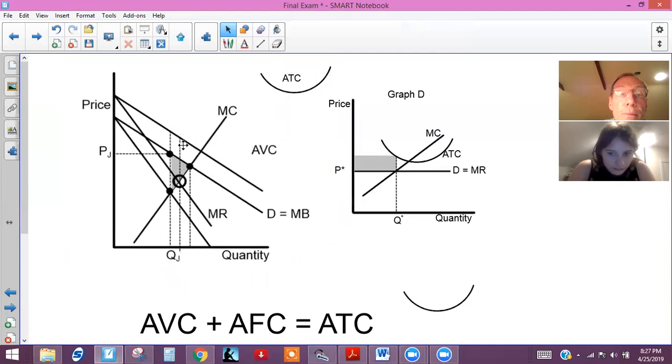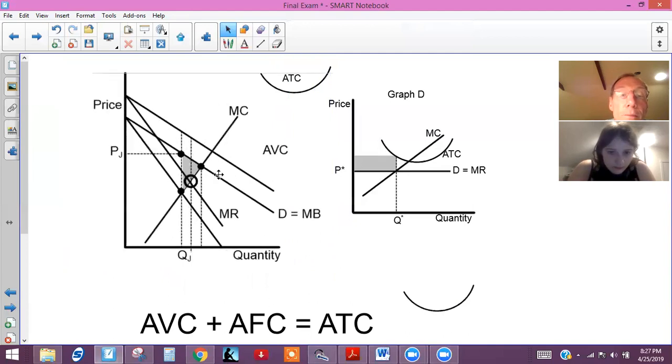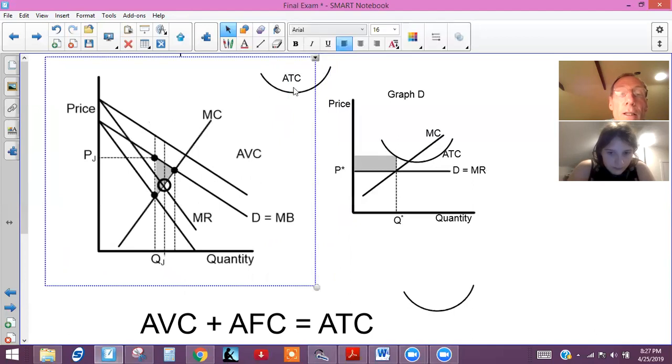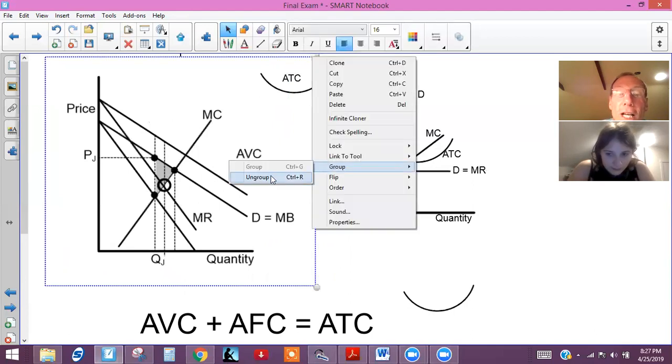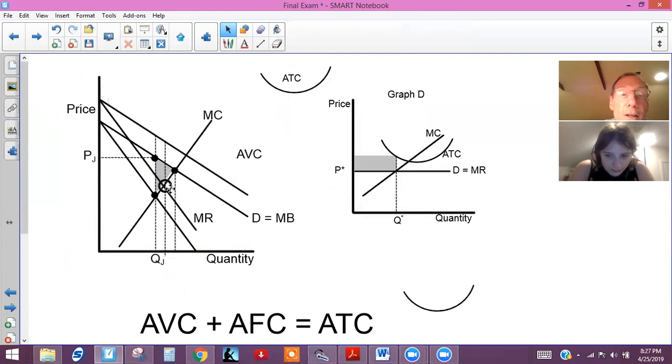See, if they bring their price from here down to here, they lowered their price, but they're making more profit, because the place for them to maximize profit is where marginal cost equals marginal revenue, right there.